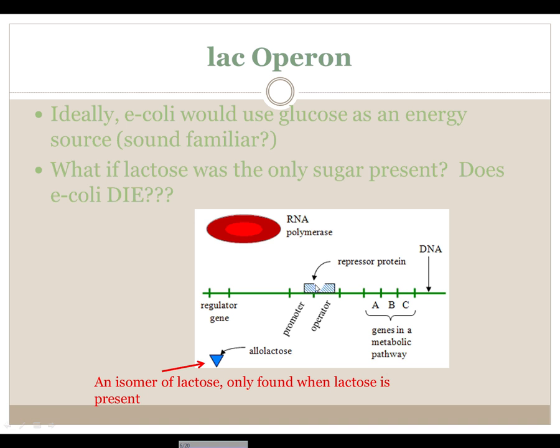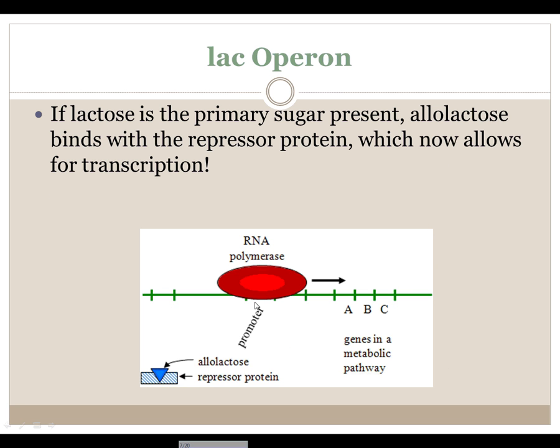When that fits into the repressor protein, it will pull the repressor protein off. That will allow the RNA polymerase to go to the promoter site, which has the start code on there, and it will start cranking along and make the proteins that will help E. coli break down lactose into glucose.